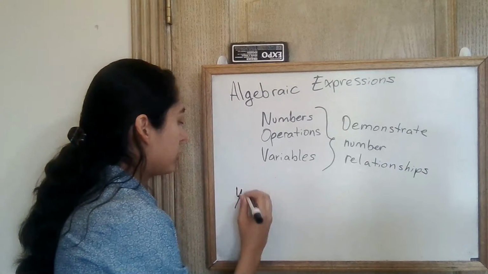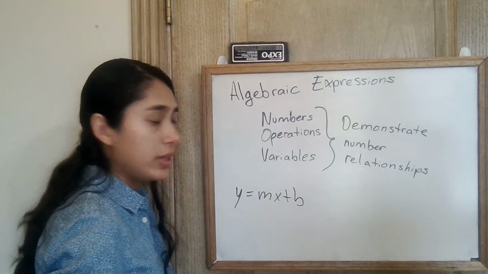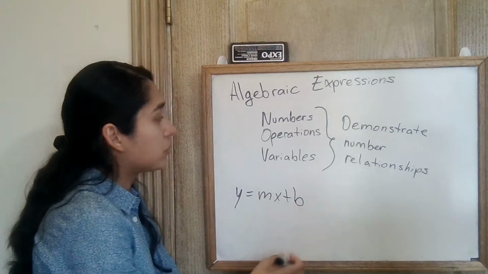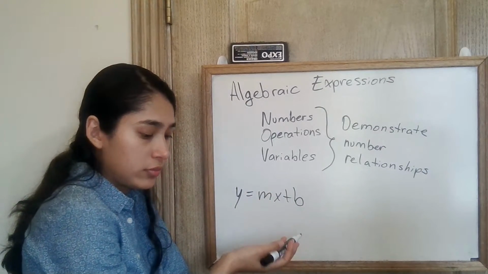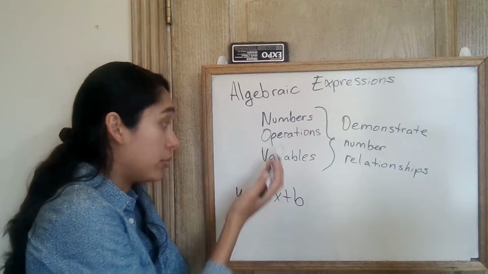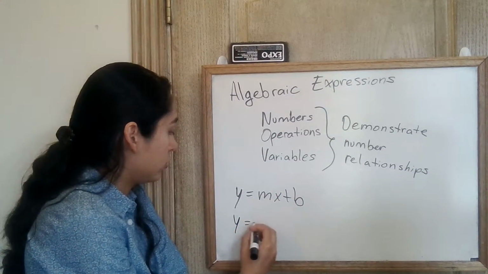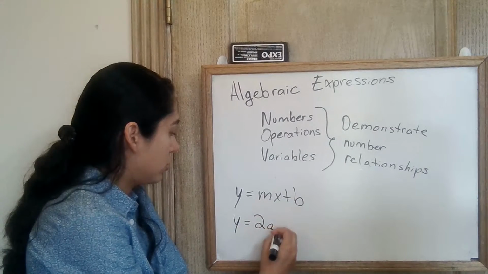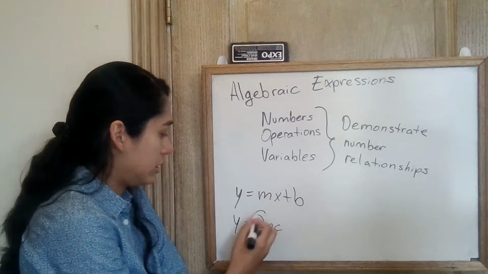So if you see an equation like this, plus b, this is an algebraic expression. Here we can use the numbers, as seen right here.